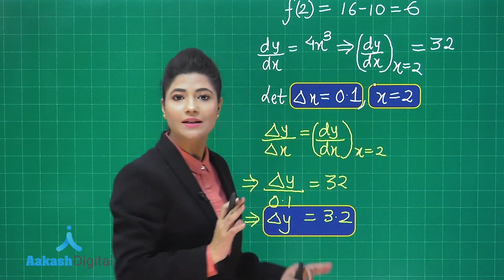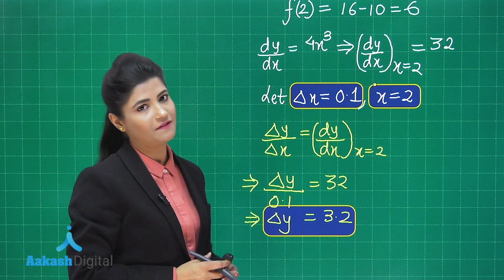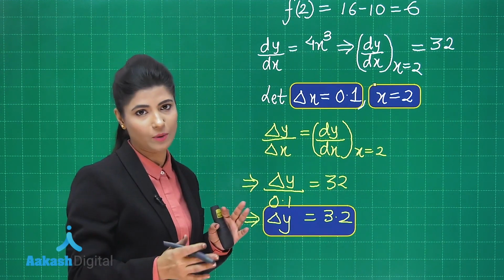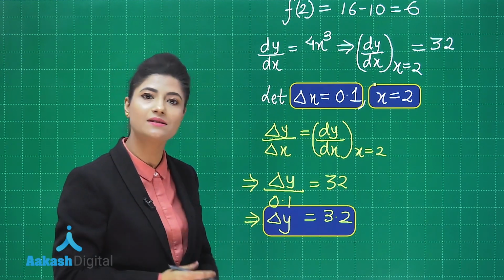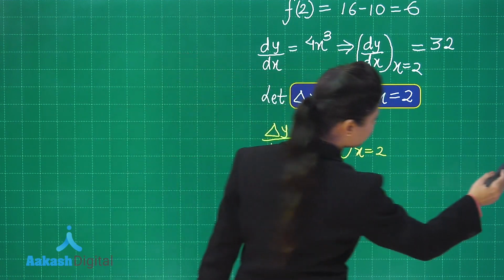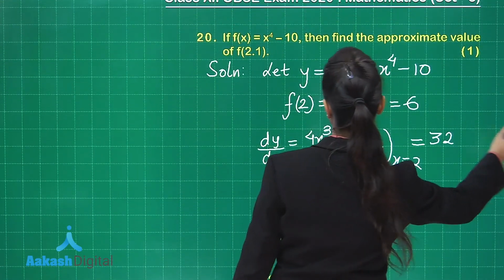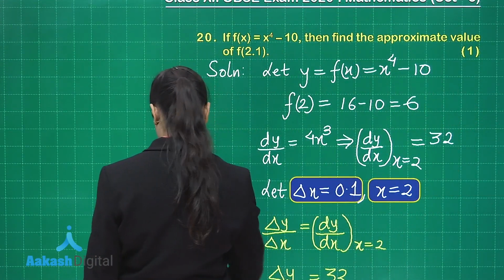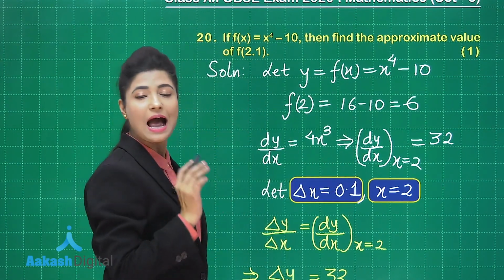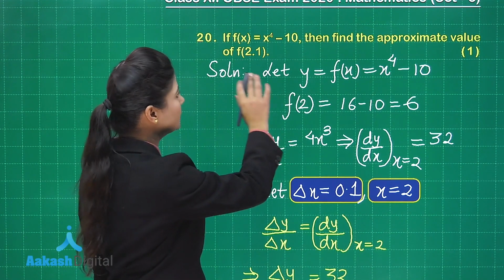Taking all these into consideration, now we can definitely obtain the approximate value of f of 2.1, that is f of x plus delta x is equal to y plus delta y, where we know that the value of y in this case will be equal to 6 at x equal to 2.